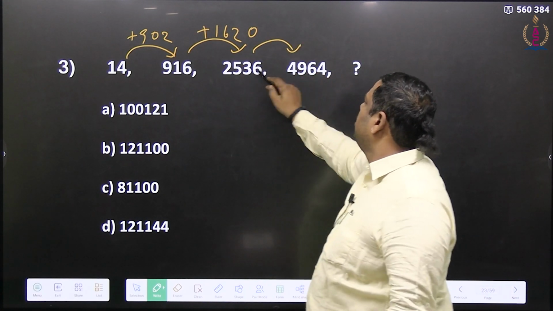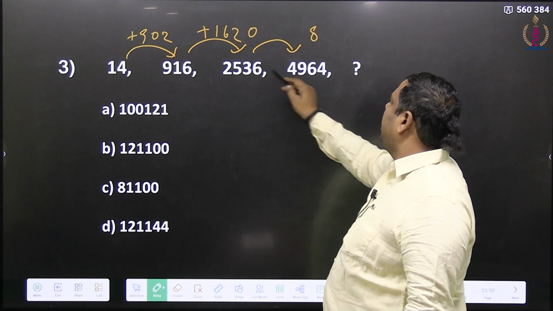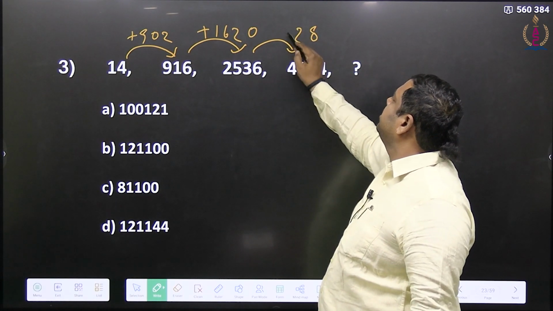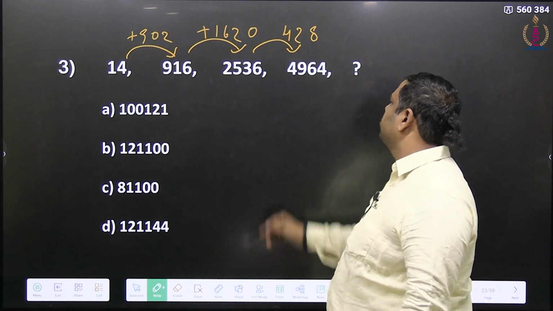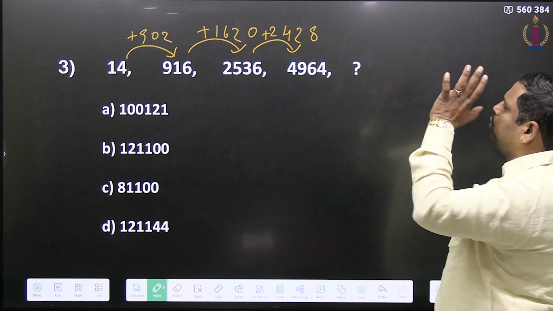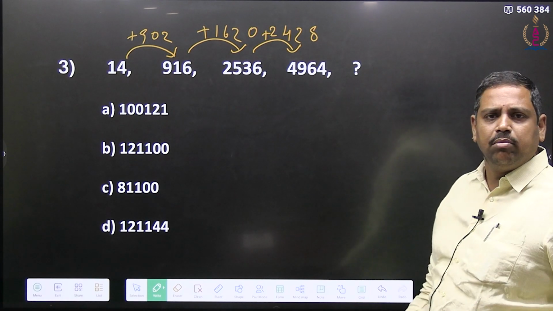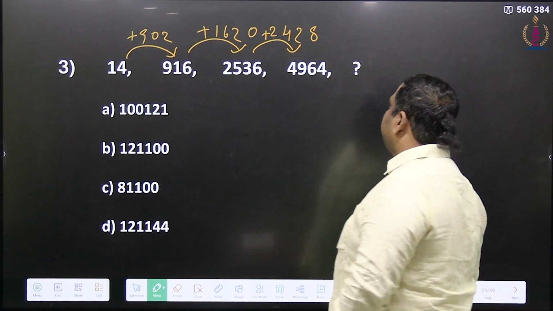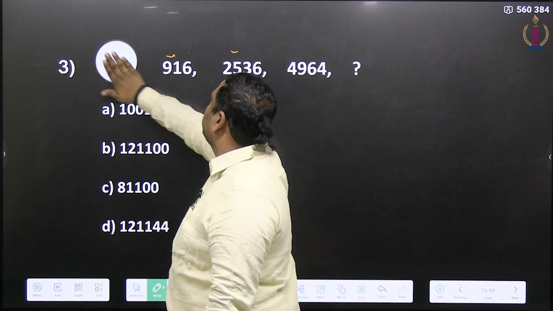Next also increased. 14 minus 6 is 8, and 5 minus 3 is 2, 9 minus 5 is 4, and 4 minus 2 is 2. Increases, so plus. 9 not 2, 16, 20, 2, 4, 2, 8. Any logic still following or not? Not. Then I will feel that this is not even addition or subtraction.